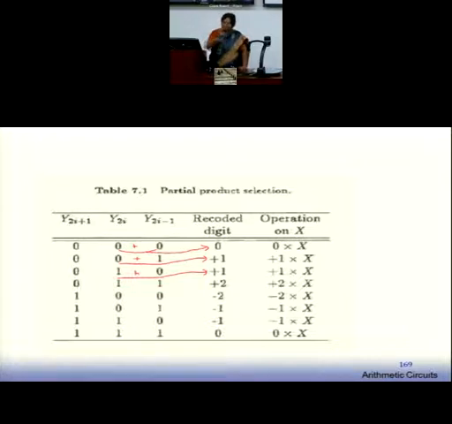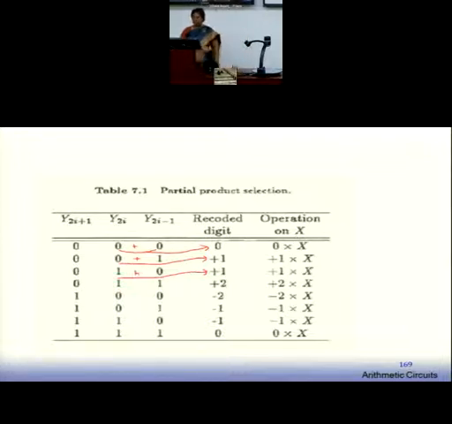But in PP row generation, I will be taking care of 0A, 1A, 2A and 3A, all 4 combinations. Otherwise, I would have taken care of only 2 combinations, either 0A or 1A. But here I would be taking care of 4 combinations, though my multiplier is recoded 2 into 1.